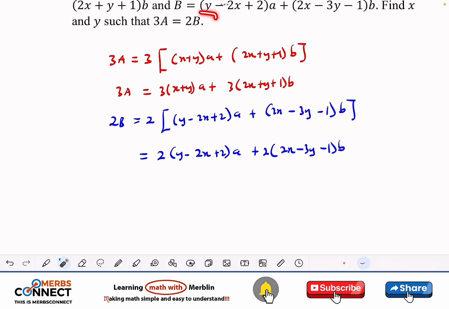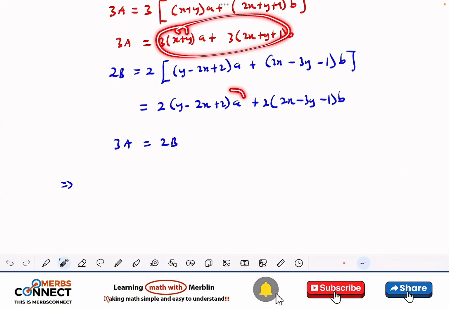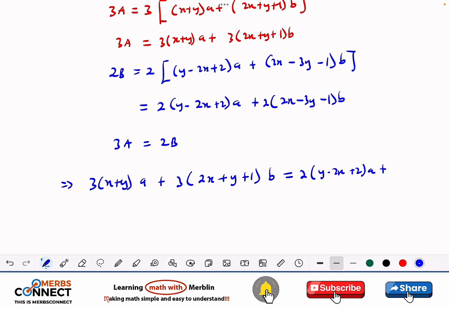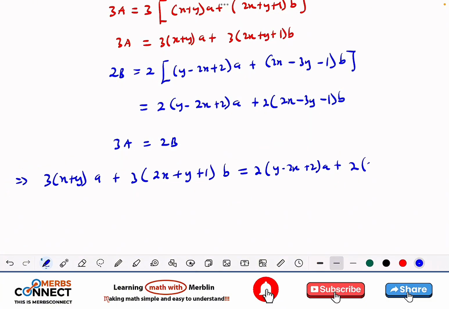Now we want to equate this and that, because we know that 3a is equal to 2b. This implies that this is equal to this. So we are going to have 3x plus y a plus 2x plus y plus 1 b is equal to 2y minus 2x plus 2 a plus 2x minus 3y minus 1 b.